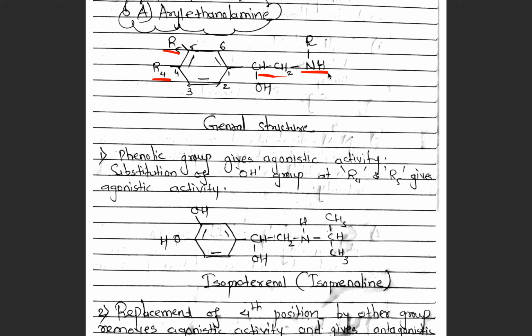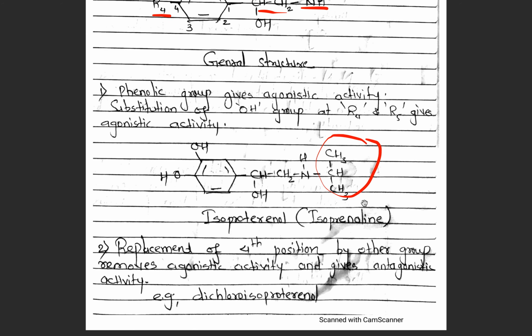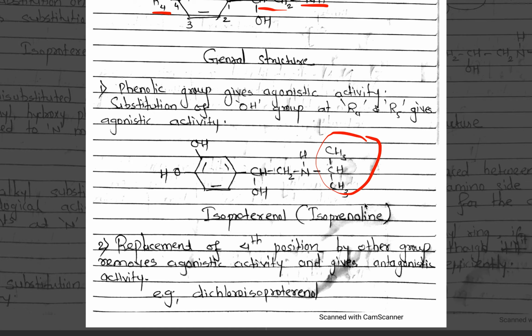Similarly, if there is a larger substitution at this R, it gives a beta specific activity. Here you can see the example that isoprenaline is substituted with a 3 carbon chain, so it is a beta specific activity giving structure. Now moving back to the amine.